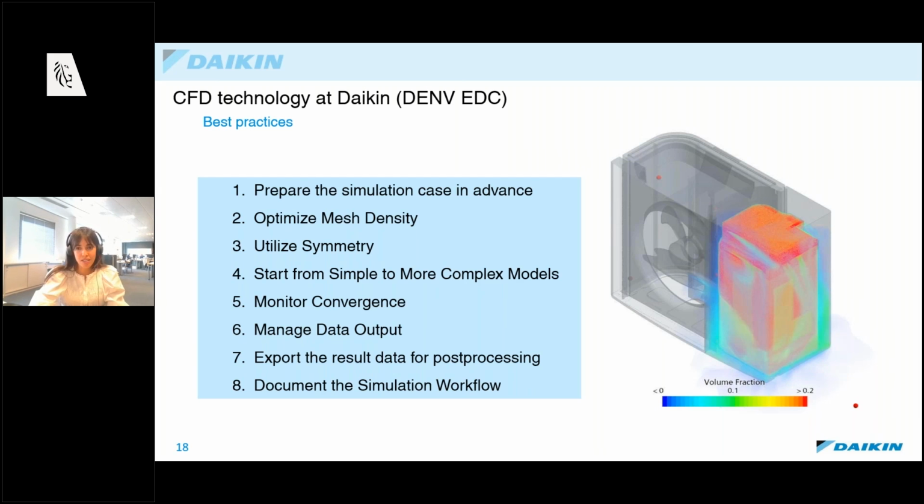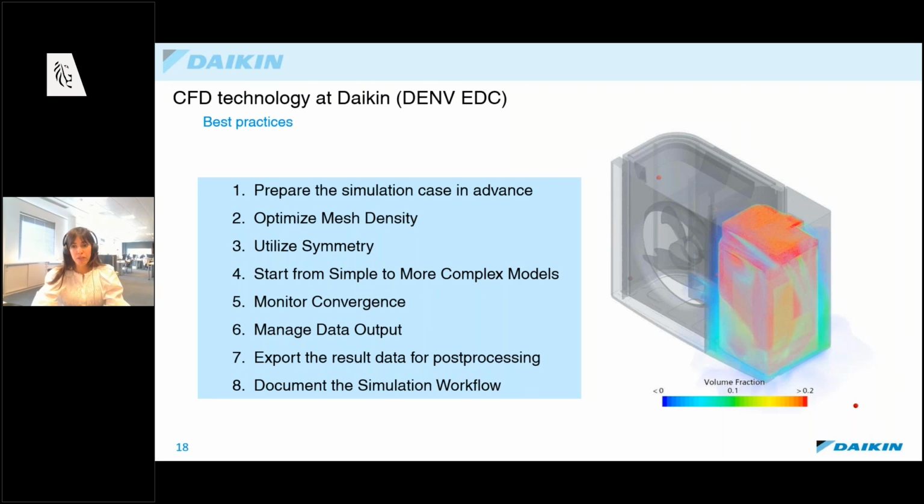Optimize the mesh density, try to fine tune the mesh density based on the specific requirements of the simulation. Use mesh refinement techniques judiciously to capture important flow features while minimizing the computational overhead. Utilize symmetry, of course, take advantage of symmetry in the geometry or flow field whenever possible to reduce the computational resources and simulation time.